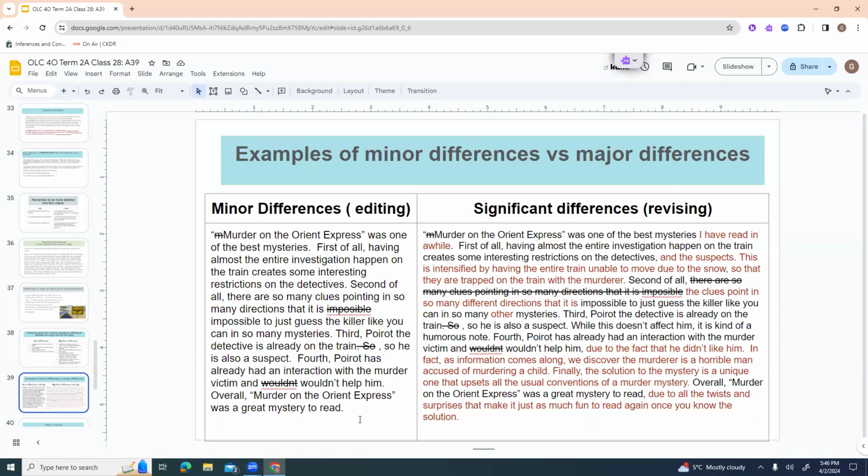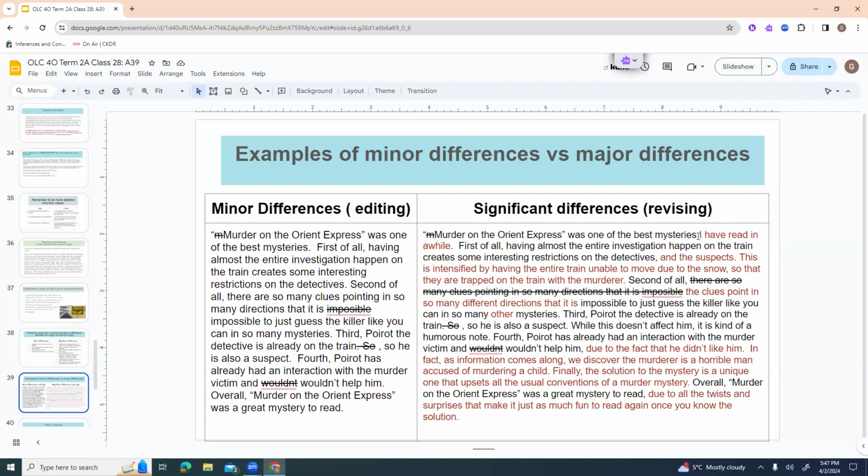So that's not bad, but I do feel like it leaves a lot out of explaining the Murder on the Orient Express book. So here is the revised version where the person has made a lot of changes. Murder on the Orient Express was one of the best mysteries I have read in a while.